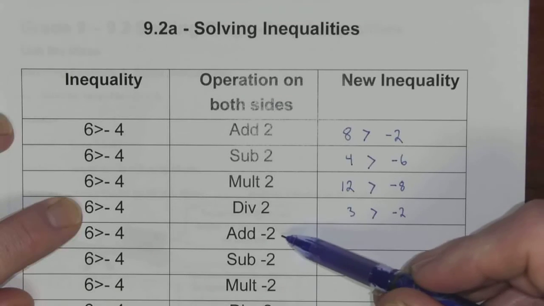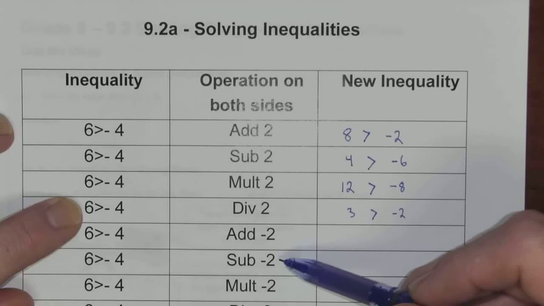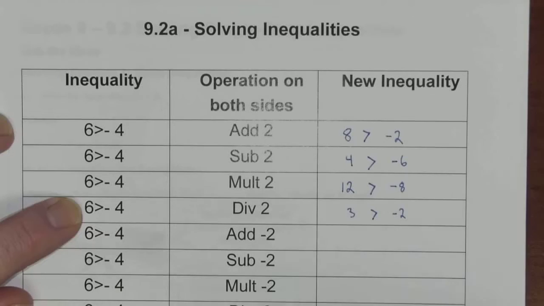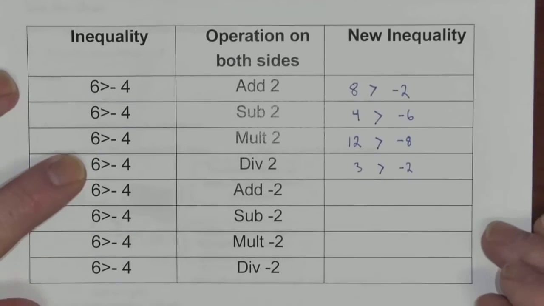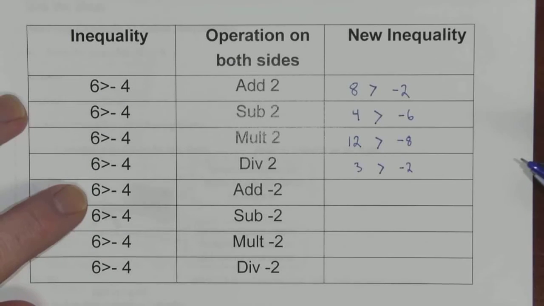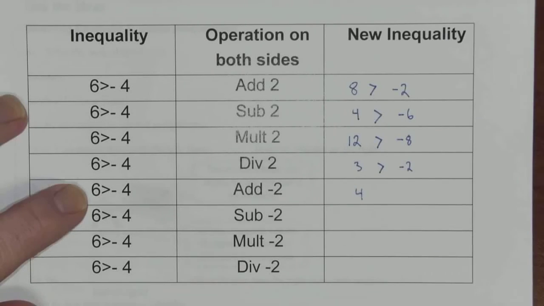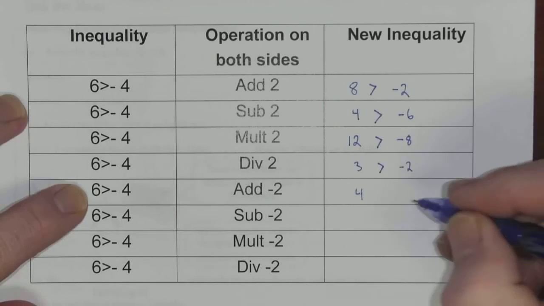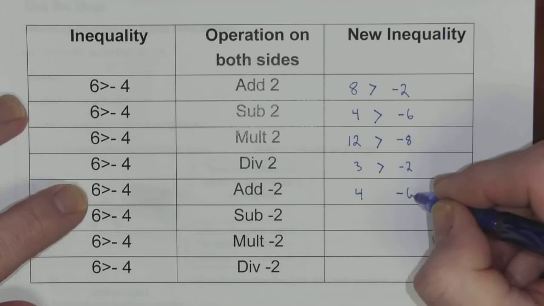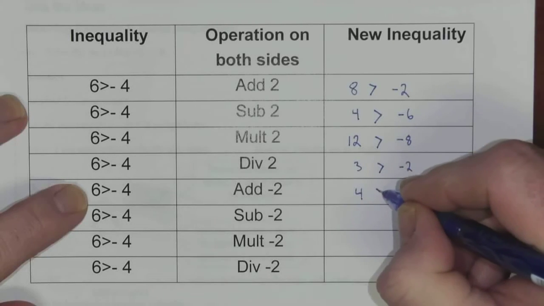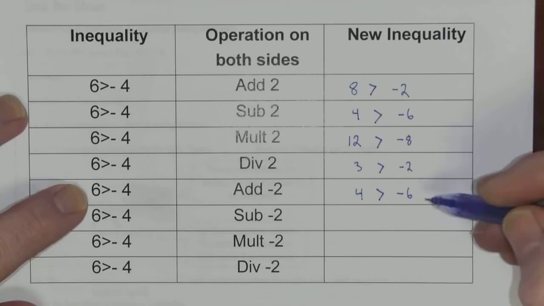Now, in the instance where you're using -2 to change things instead of +2, it is going to change some things. So let's have a look here. 6 plus -2 is actually 4. And -4 plus -2 is -6. And in this case, again, the sign does not change.